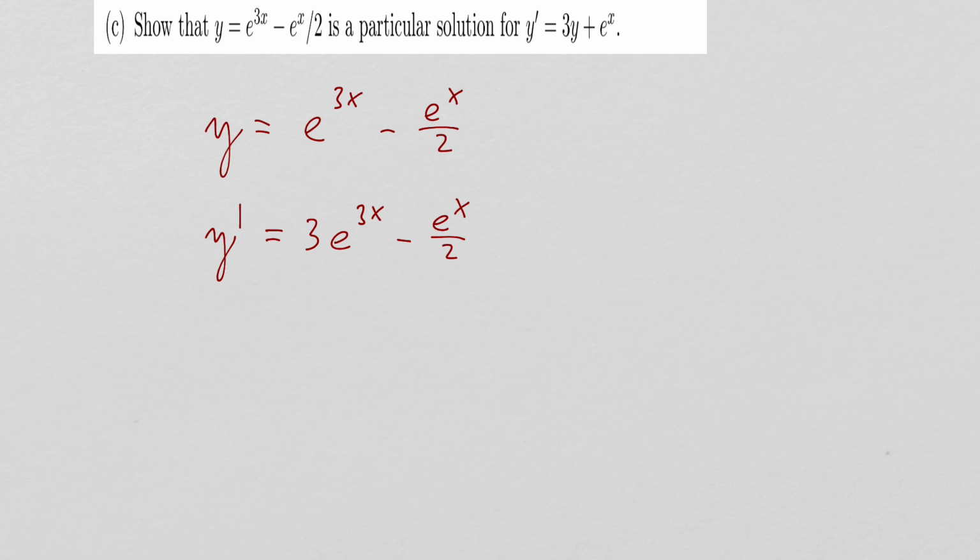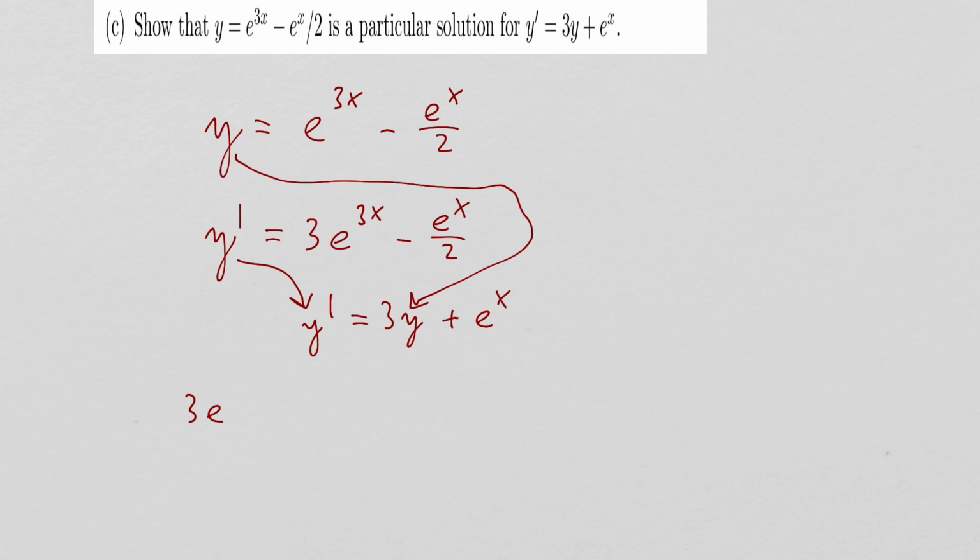Okay, we can take the equation and we can substitute the derivative there and the function here, and we will get the derivative in the left hand side, and then 3 times y is 3 times e to power 3x minus 3 times e to power x divided by 2. And then we have left this e to power x.